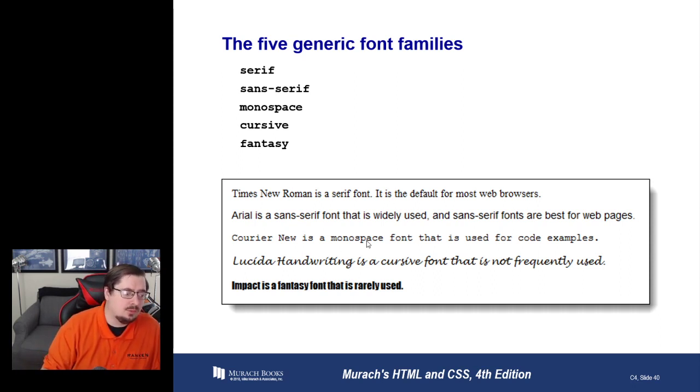That's helpful when we're working with code examples to get things to line up. So anytime we're looking at code, whether it be in Visual Studio or whatever IDE or text editor you're using, or if we're just showing it as an example, we typically put code in a monospace font.